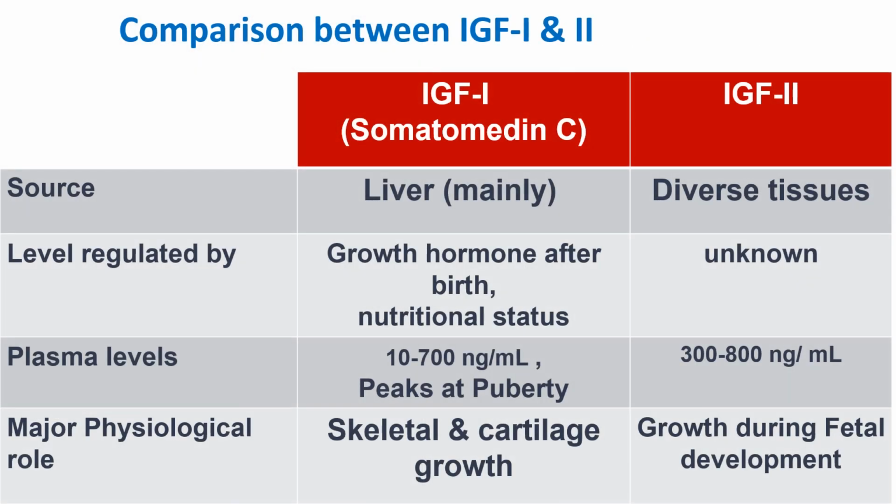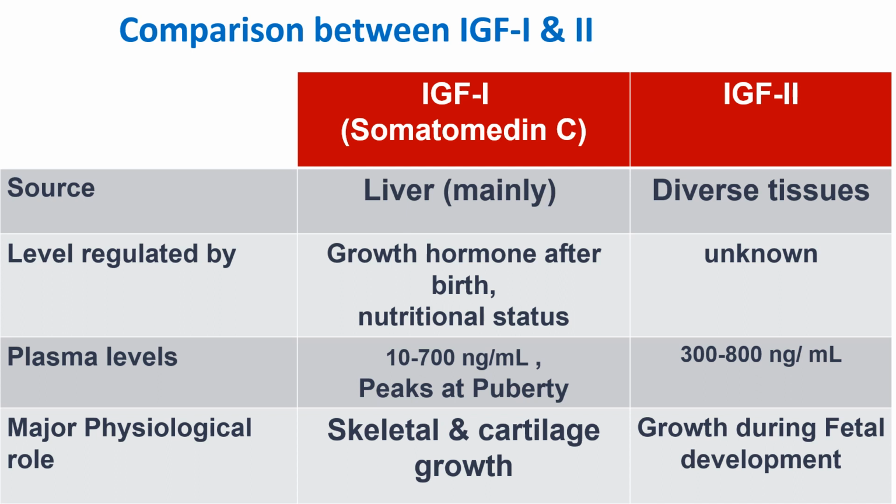Now the comparison of IGF-1 and 2. IGF-1 is mainly found in the liver, while IGF-2 is from various cells, but in adults it is mainly found in the choroid plexus and meninges.